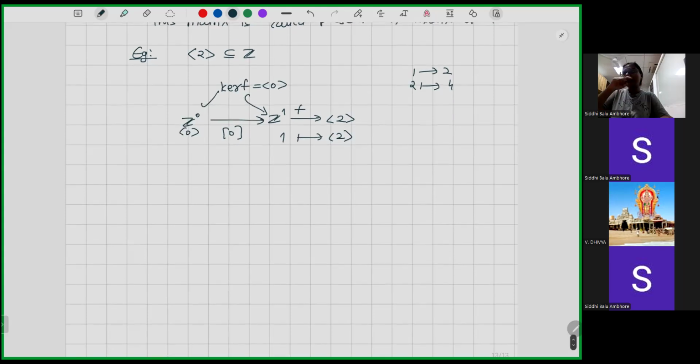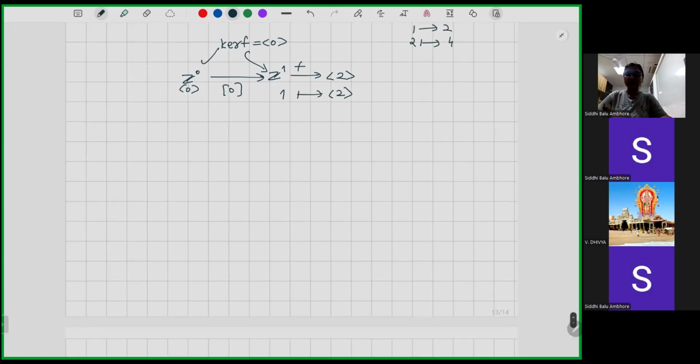But instead of looking at this ideal as generated by 2, if I take it as the ideal generated by 2 comma 4, two generators, this is redundant actually, but I want to look at it that way. Then I have Z^2.